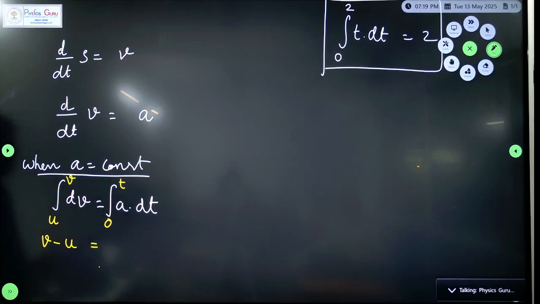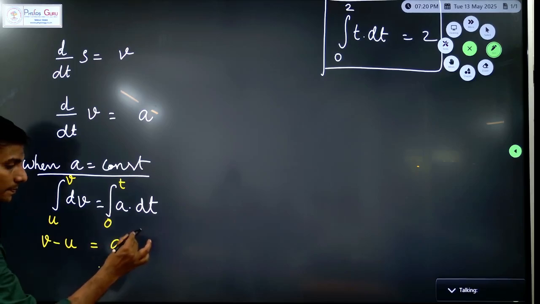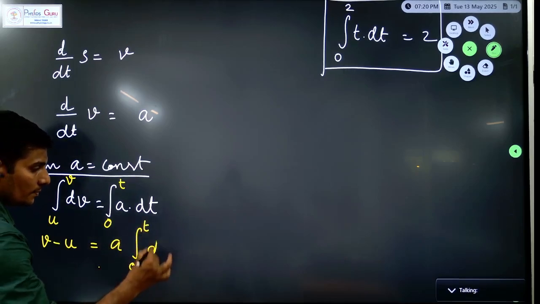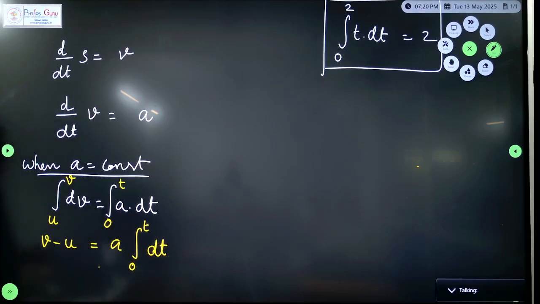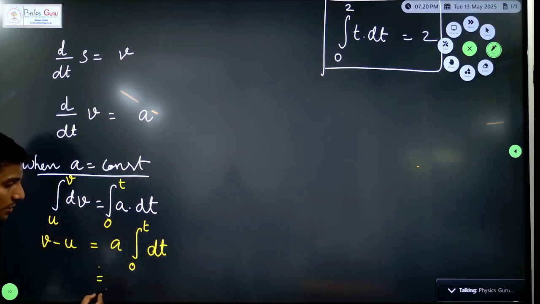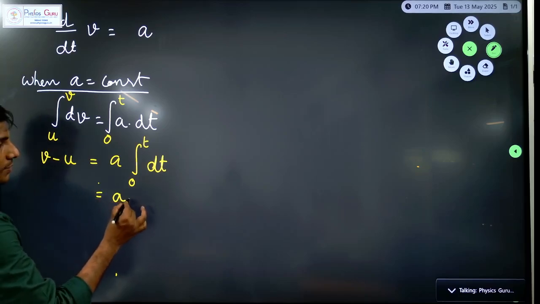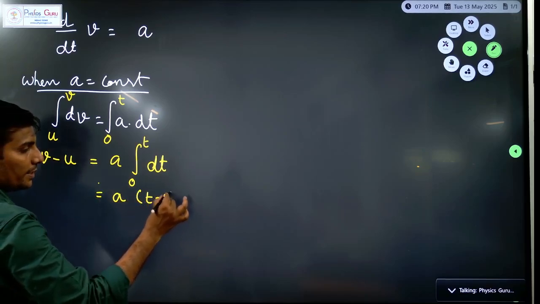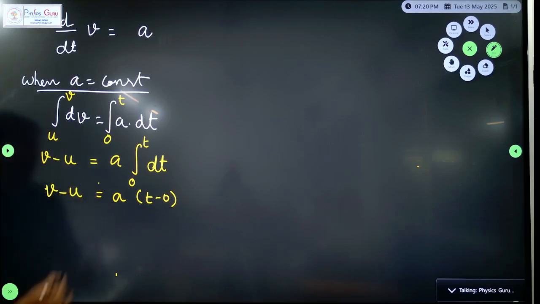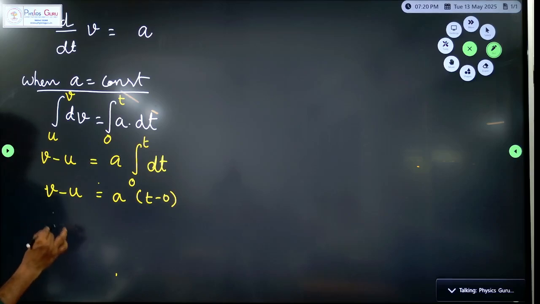Argument function pair is present, but I have given you an information. What's the information I have given? Acceleration is constant, so that has to stay outside. Now do I have argument function pair? What should I do now? I have to directly find the range. So this turns out to be acceleration into t minus 0, v minus u. Does it resemble anything to you?